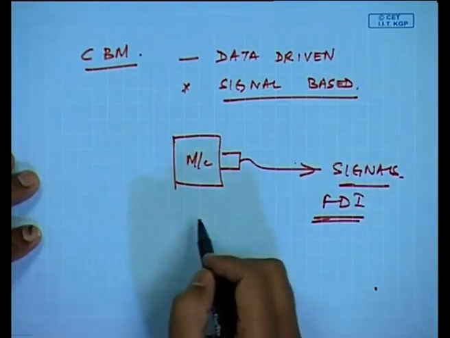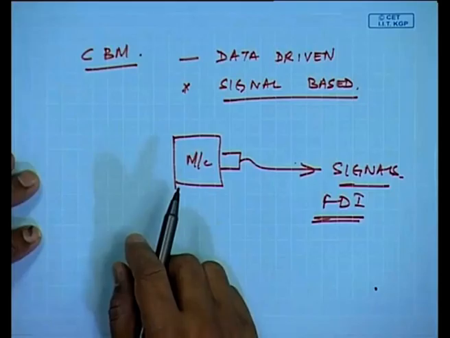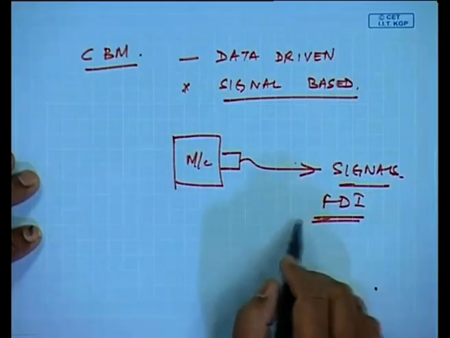Traditionally people do such FDI or CBM in the industry this way, and it is very easy compared to the model based technique, wherein you require a lot of computation and a lot of physical understanding of the system. For complex large systems, it becomes very difficult to model the entire system.